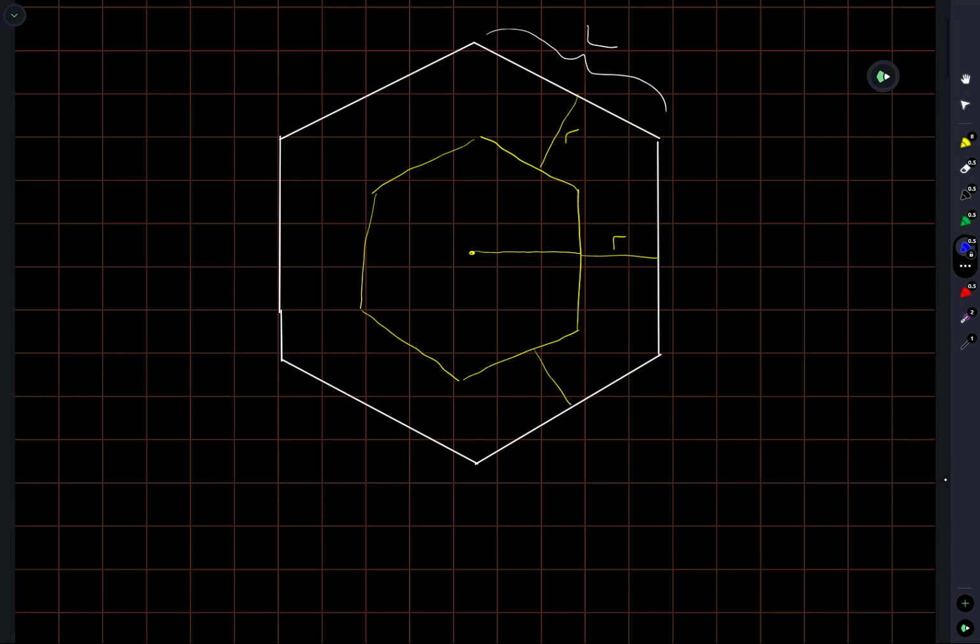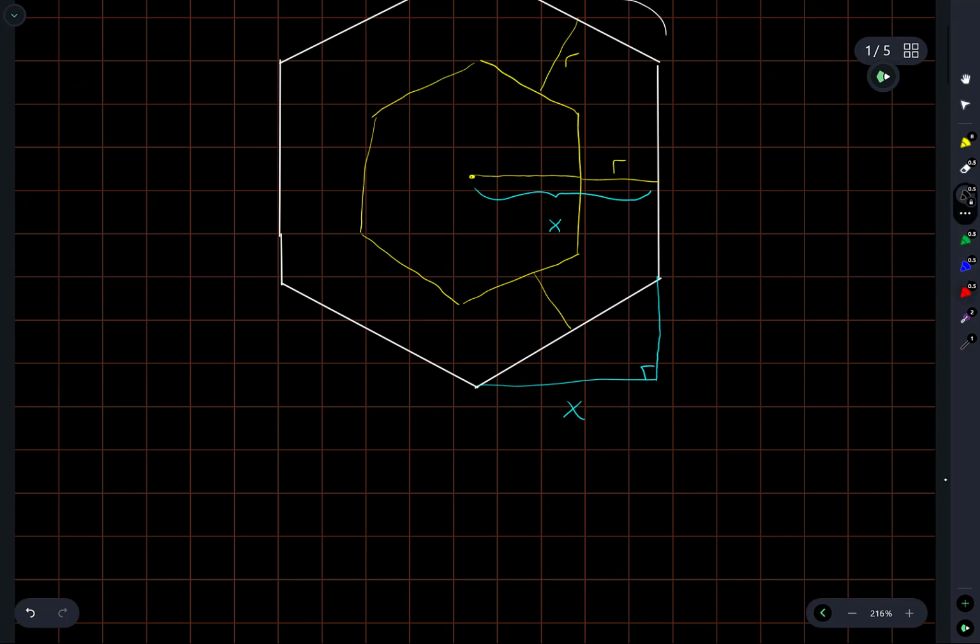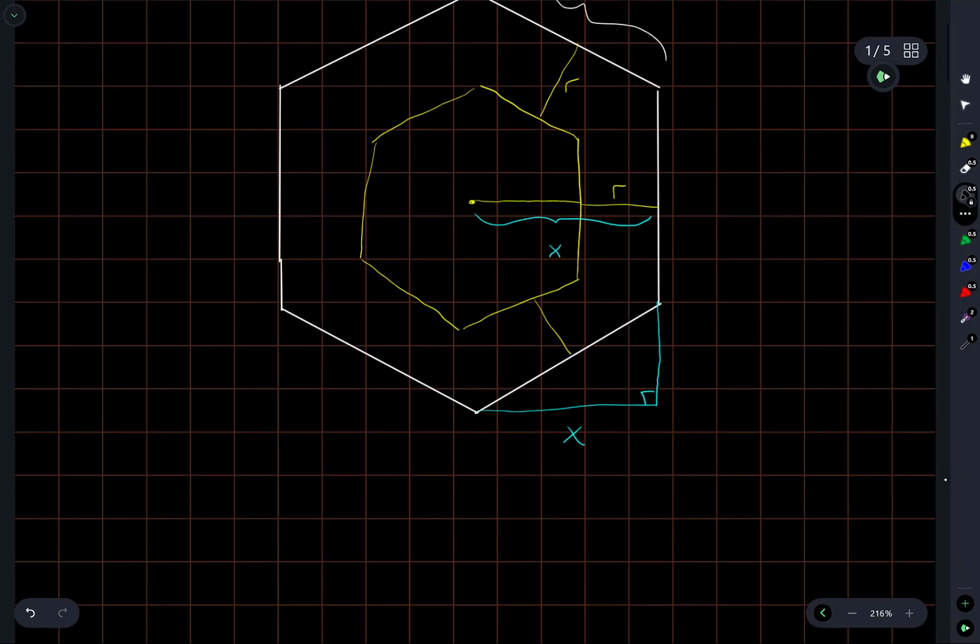I think what I've got drawn here will more or less do what I want. Okay, so if I call that x, then this is also x here. That's 90 degrees. And the hypotenuse of this triangle here is L, the side length of the hexagon.